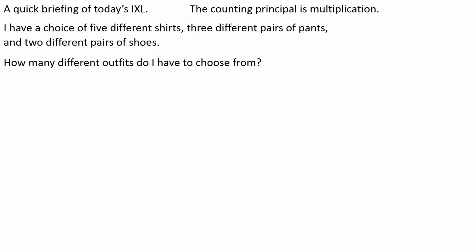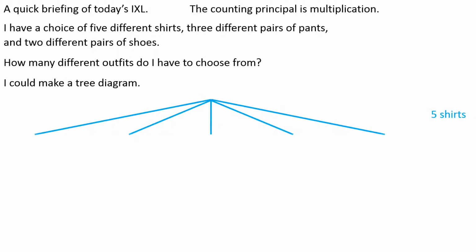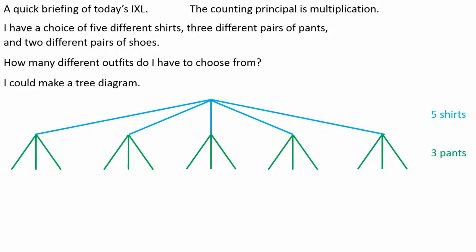Again, I could make a tree diagram. Alright. Start by picking which of the 5 shirts to wear. After picking which of my 5 shirts to wear, I could figure out which of my 3 pairs of pants.